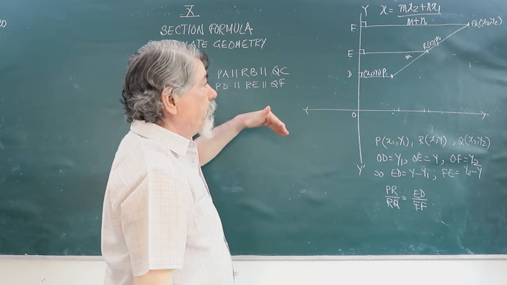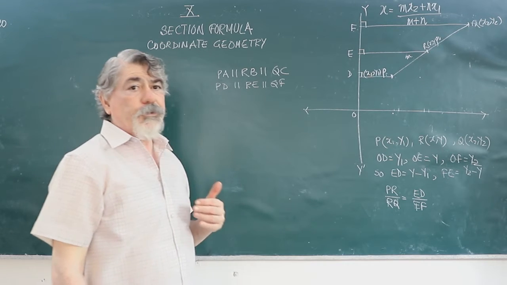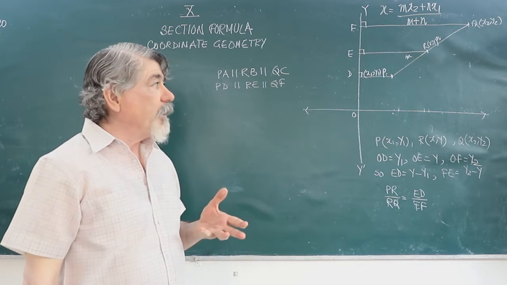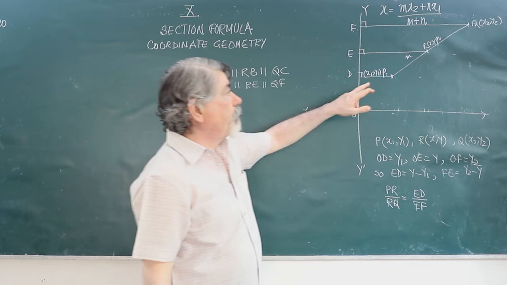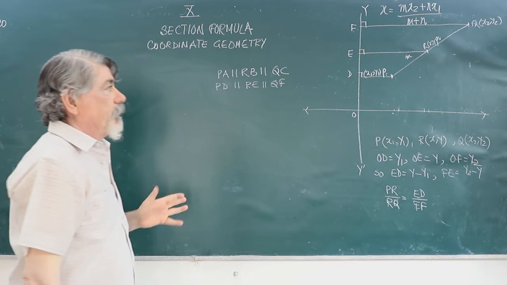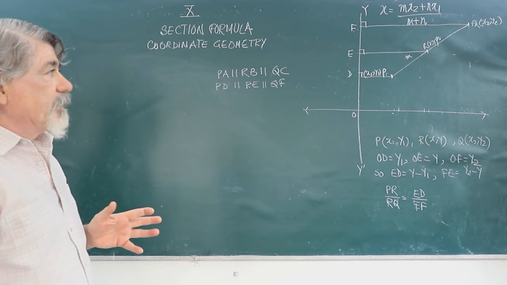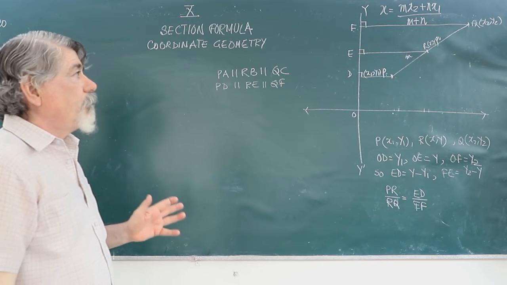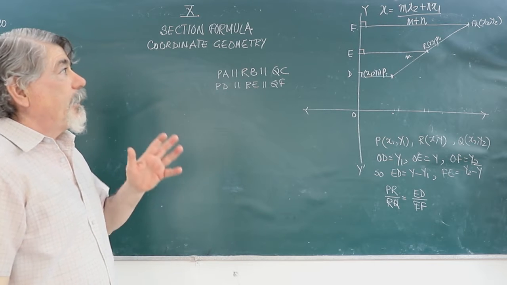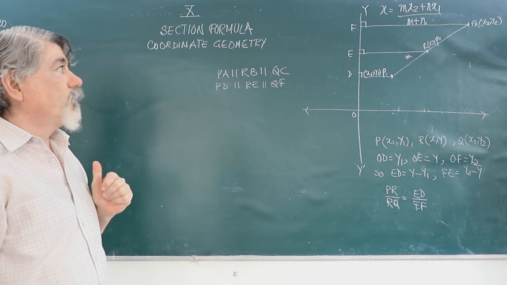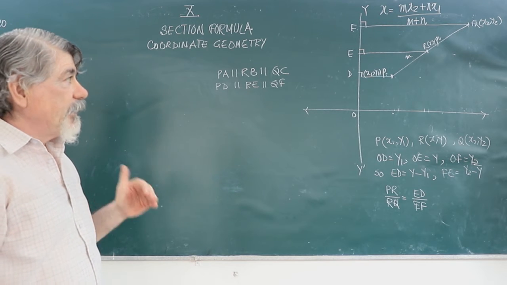Now we had dropped perpendiculars from P, R, Q on the x-axis to get the x-coordinate. For getting the y-coordinate, we are dropping perpendiculars from P, R and Q on the y-axis. PD is perpendicular to the y-axis from point P, RE is perpendicular from point R on the y-axis, and QF is perpendicular from Q onto the y-axis.